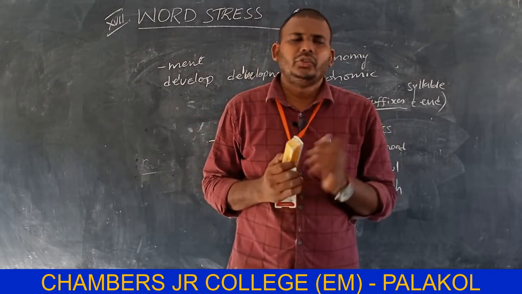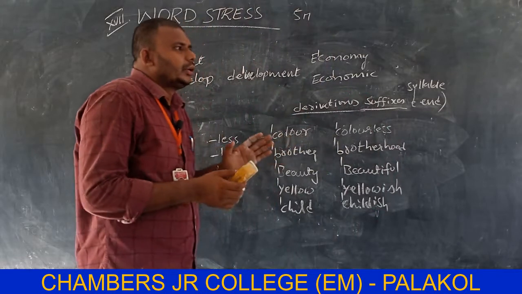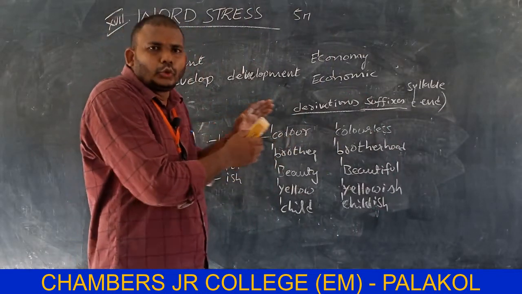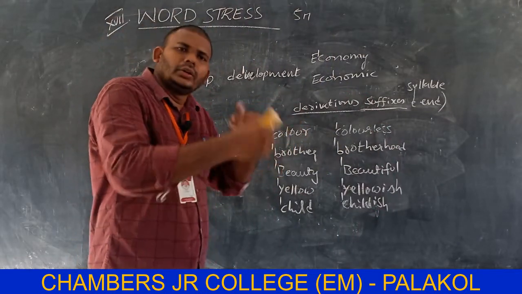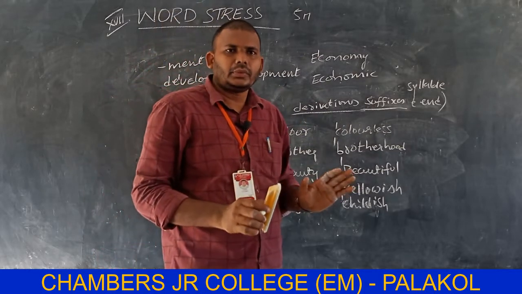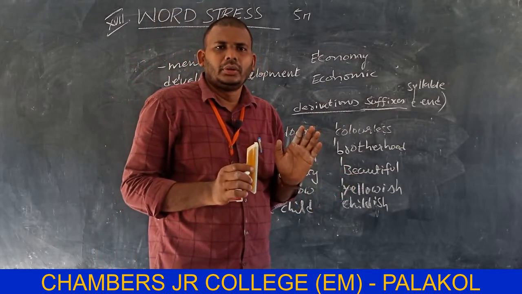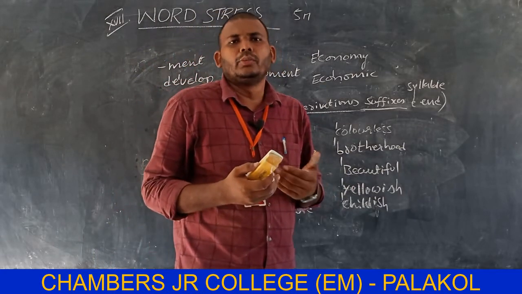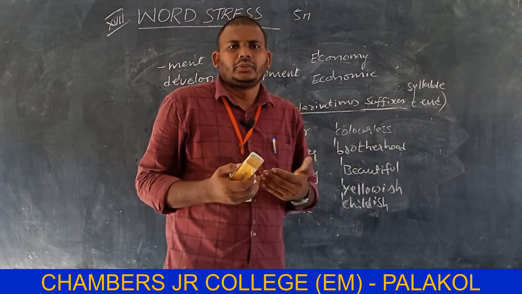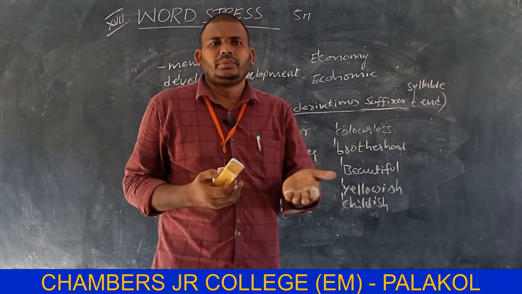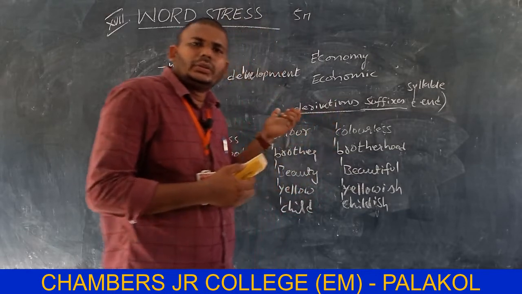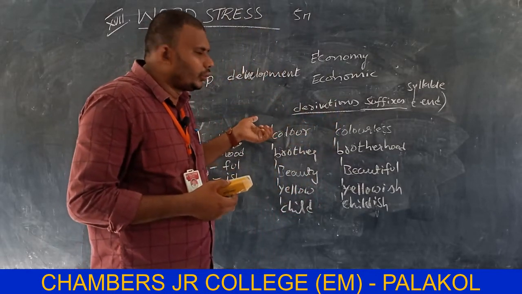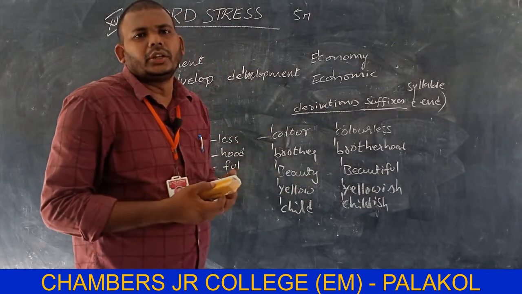Any 5 only. Just try to remember even a minimum of 2 to 3 rules, and you may get full marks, because words that belong to the same rule may be given. So practice well and go through the rules again, and it will make it easy for you.